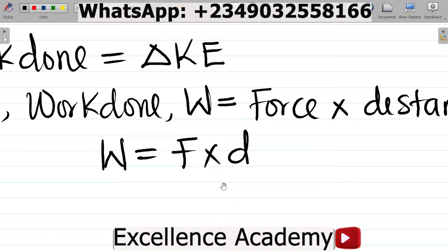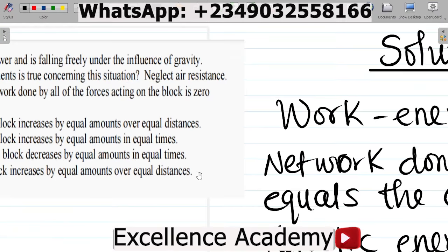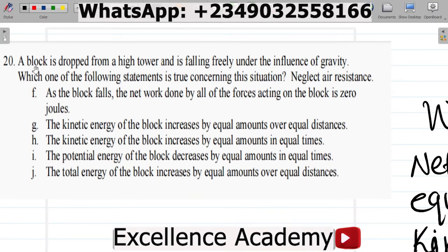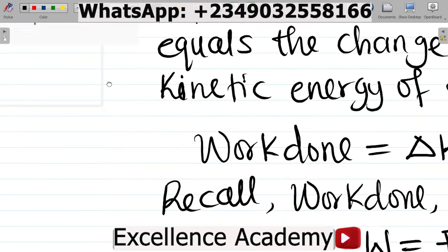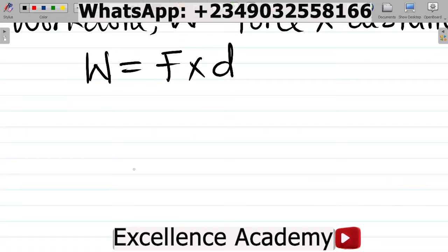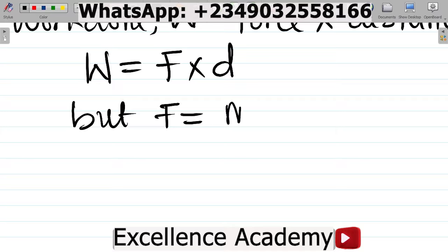Coming back to the question here, they said a block is dropped from a high tower and is falling under the influence of gravity. Now, when a body is falling under the influence of gravity, the force F is equal to mass times gravity, literally its weight. And the distance D will be equal to what there?